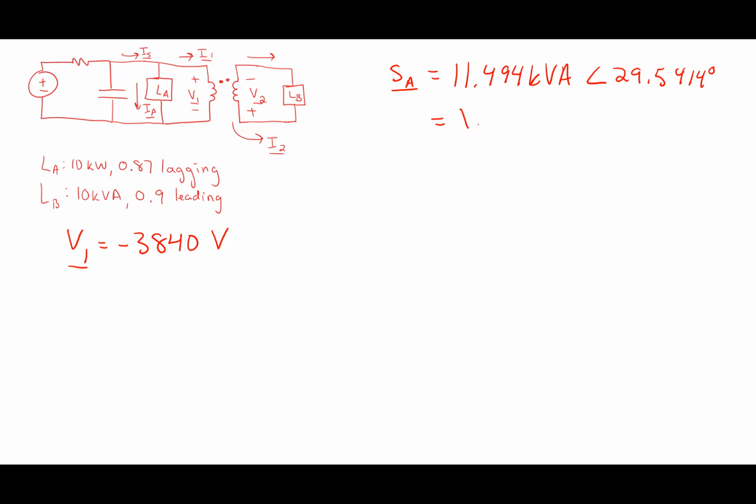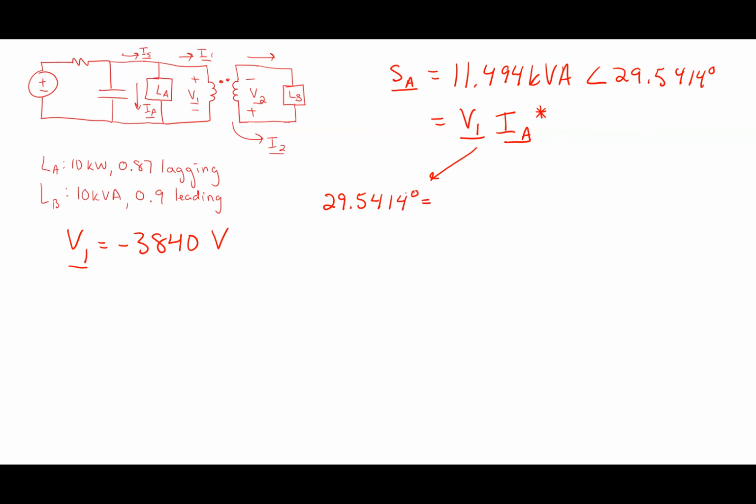All right, that's equal to V1 times IA conjugate, because V1 is the voltage across it. We got that from KVL, basically. So, two equations, right? What are the two equations I have? Magnitude and angle, right? So the angle of SA is the angle of the impedance, which is 29.5414 degrees.